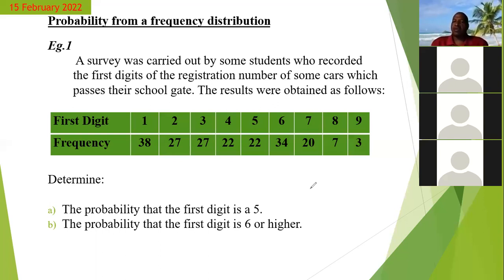So what's the total number of first digits that were recorded? How many first digits? So I was asking, how many first digits are there in the entire survey?